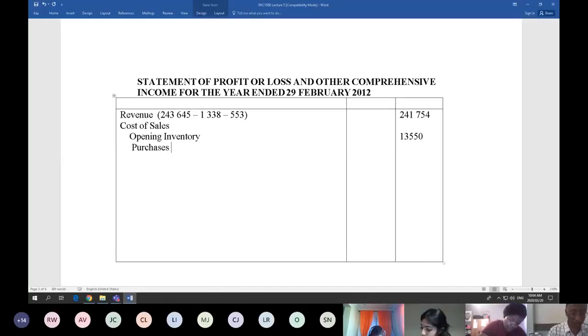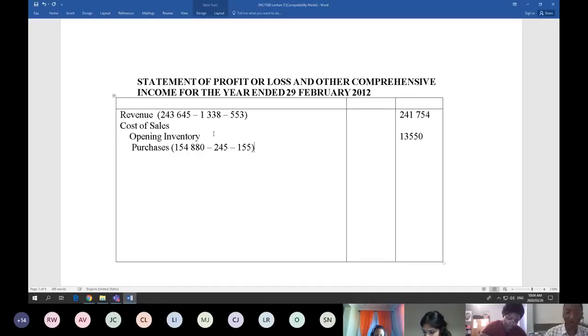But when we talk about purchases here, we are looking for our net purchases. Our net purchases is the purchases amount of 154,880 minus purchases returns. Look for purchases returns. Your purchases returns is 245 Rand minus settlement discount received, and your settlement discount received is 155 Rand.